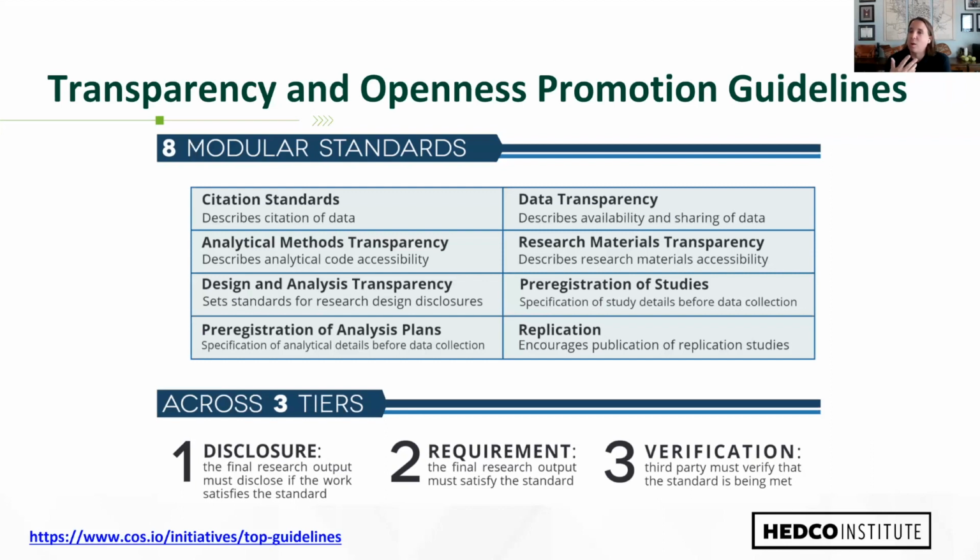Then there's the actual requirement for the process itself, so requiring folks to share their data if you're publishing with the journal. And then the highest level of implementation is saying that the journal is going to require third-party verification that, for example, your data have been shared according to standards in their field.